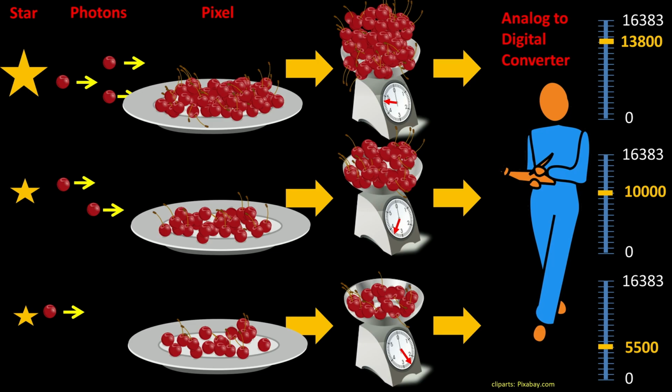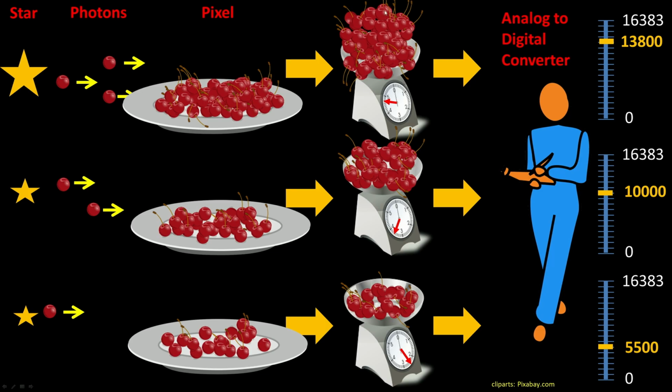Once you have exposed the image, the contents of the pixel are sent to the analog to digital converter, and you can think of it as a scale. It measures how much charge is in this pixel and converts this amount of charge into a number between 0 and 16,383.